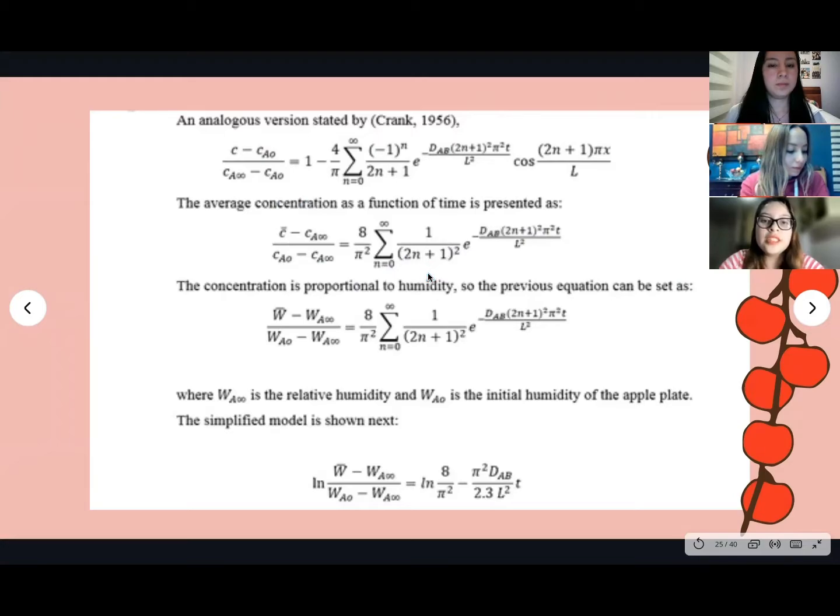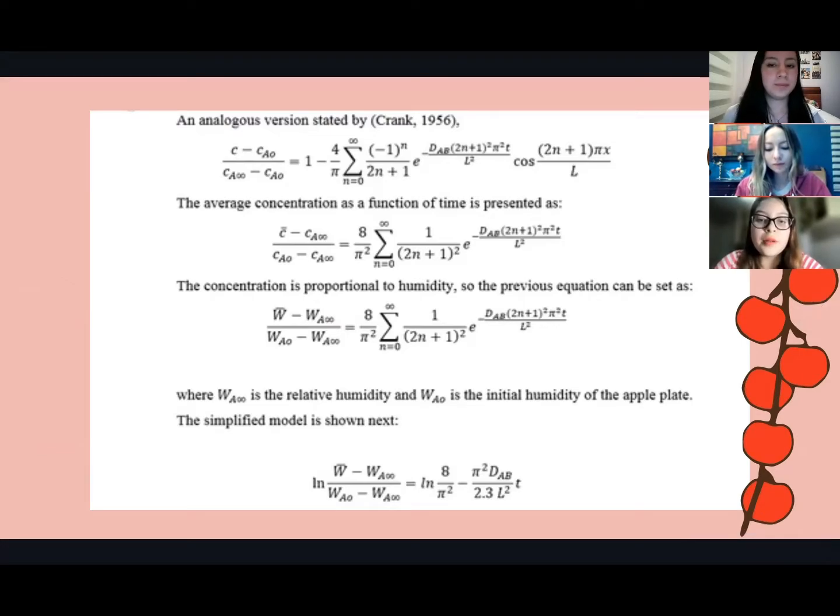So the concentration is proportional to humidity, so the previous equation can be set as this, where WA infinity is the relative humidity and WA0 is the initial humidity of the apple plate, and the simplified model is shown next with a logarithm function. This equation will be used for each concentration analysis so that the diffusion coefficients can be obtained.